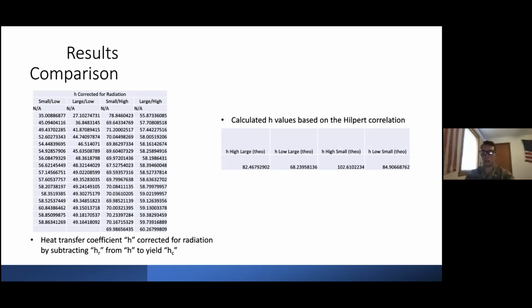So our high velocity small rod has the highest H theoretically, and that's shown on the heat transfer coefficient for convection as well. So they are a little bit off, but they still do meet the trend. And so now we'll go on to uncertainty.